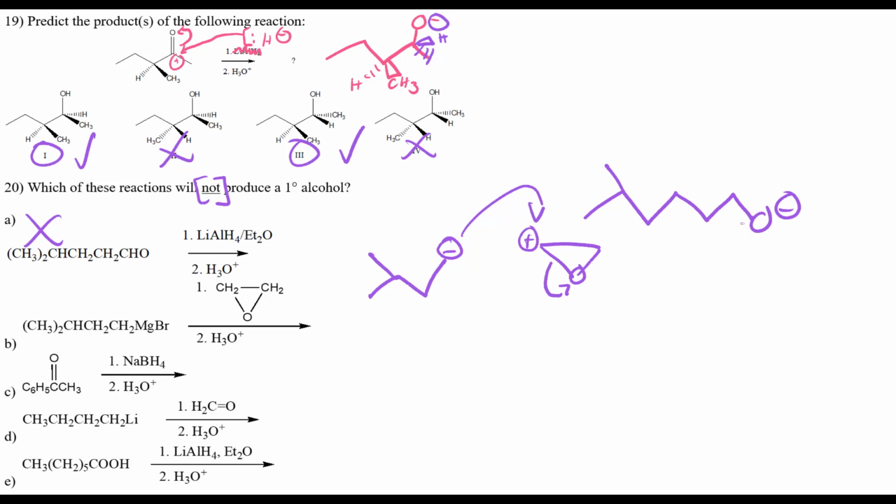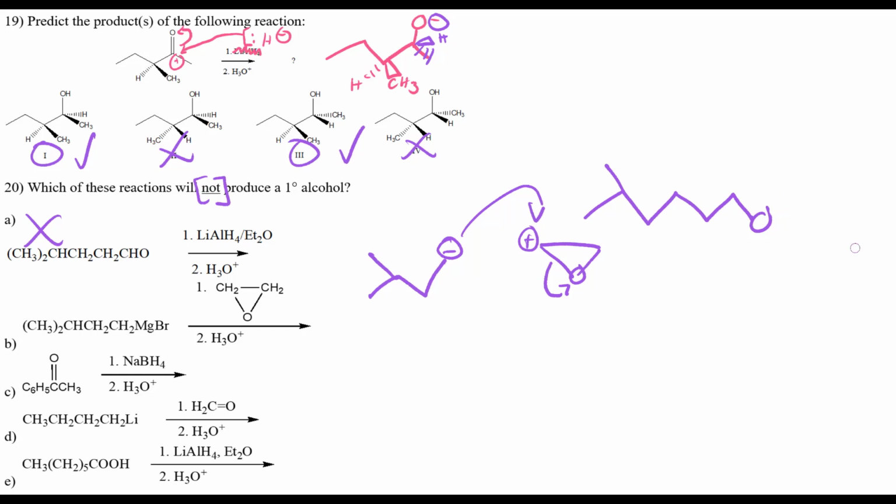Okay, so notice that I have 1, 2, 3, 4 carbons. After I react with the ethylene epoxide, I'm going to have 6 carbons. Let's make sure. 1, 2, 3, 4, 5, 6. And on the very last carbon, you're adding an alkoxide. After you do the acid workup, you're going to remove the alkoxide and form an alcohol. Okay, so it's just a double carbon addition.